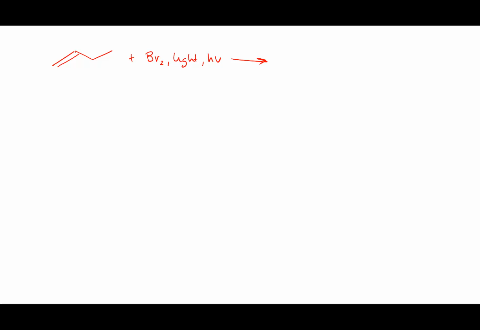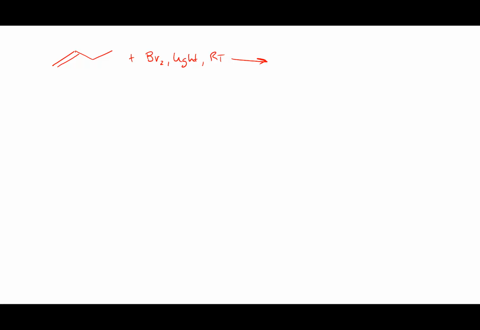Now the problem here is that we would normally try and do free radical halogenation with bromine, light, and room temperature. HV is the same thing as light, so room temperature. But the issue here is that free radical halogenation is a slow reaction, and bromination is rather quick.